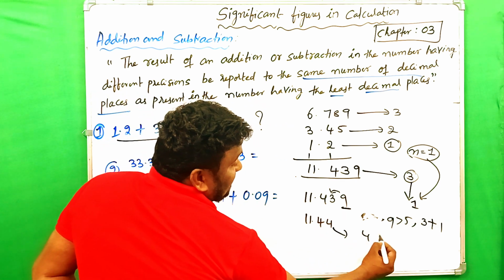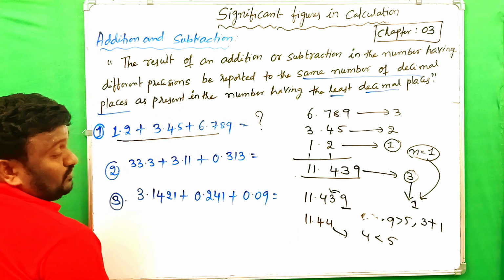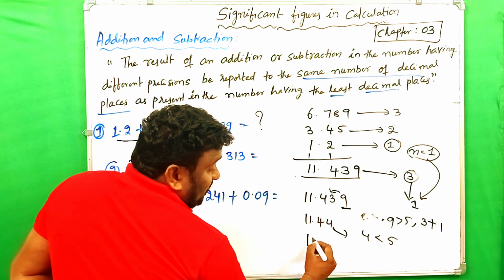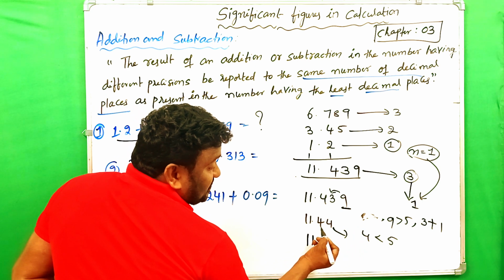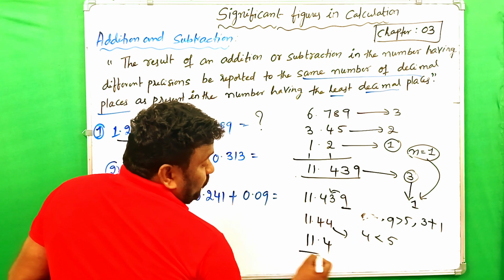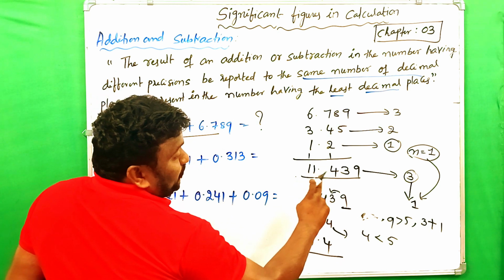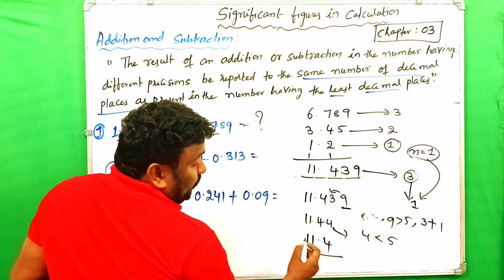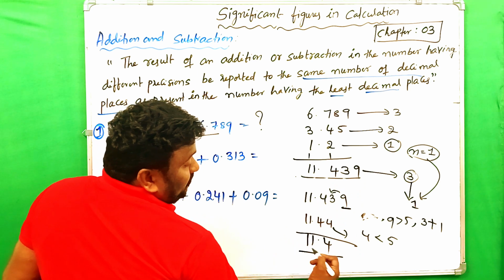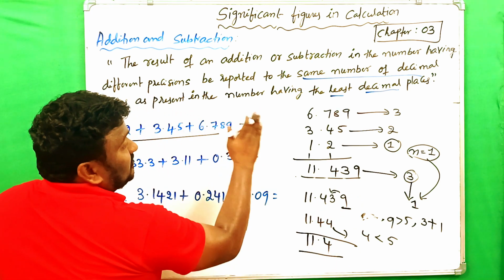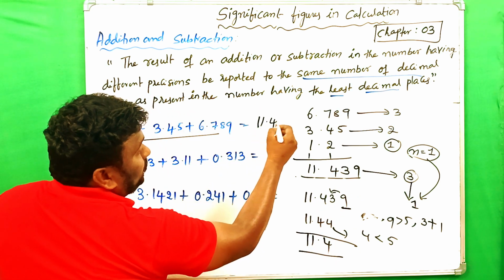Again this 4 is less than 5, so we can omit that one. There is no change to the preceding number 4. Then what you get? 11.4. So initially you got 11.439. After rounding off the number, you get 11.4. That's why the value here is 11.4.